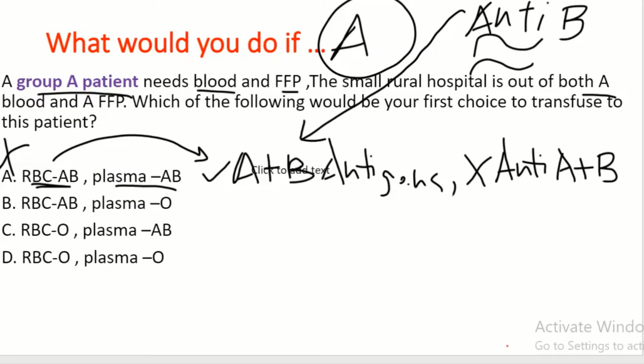In option B, the blood group is AB RBCs and group O plasma.